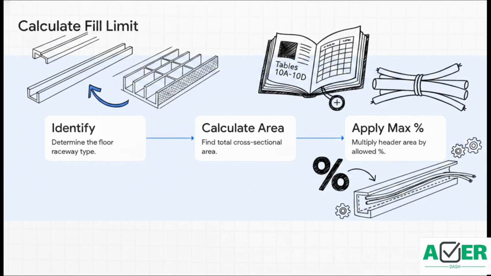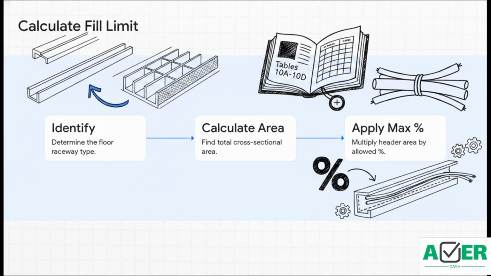So when you see floor wiring code rules pop up on the 309A exam, I want you to use this three-step master inspector breakdown to calculate your fill limit. Step 1. Always identify the raceway type. Ask yourself, is it a standard underfloor raceway, a wireway, or is it a cellular floor? Obviously, today, we're looking at cellular floors. Step 2.